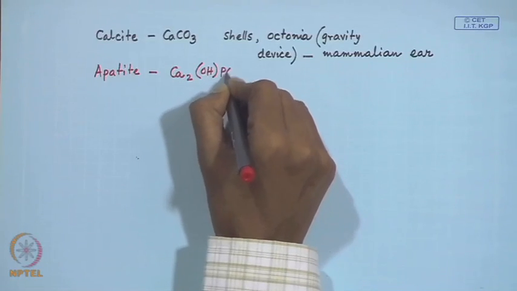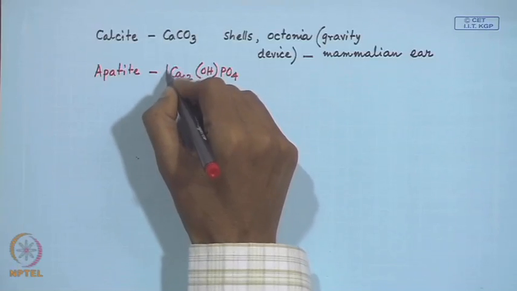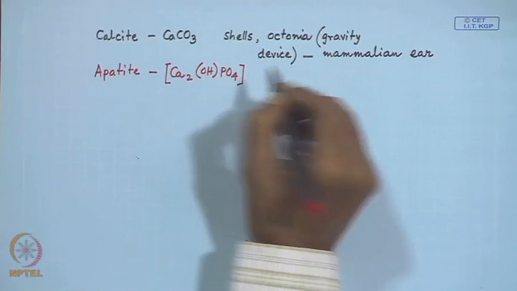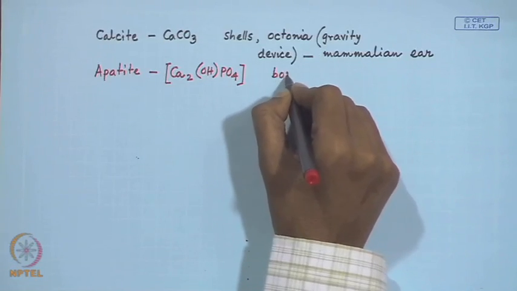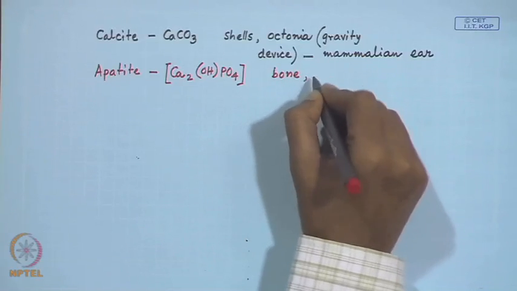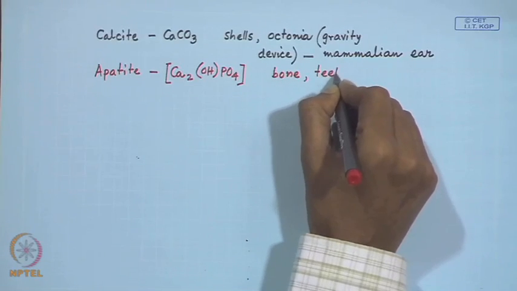Ca2(OH)(PO4), present in our bone and teeth.